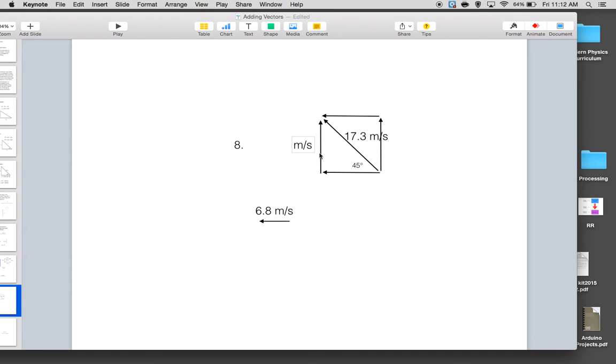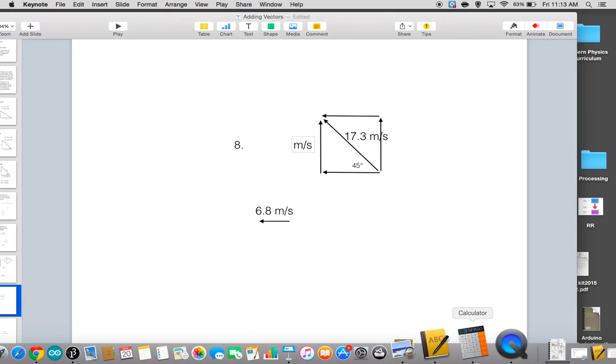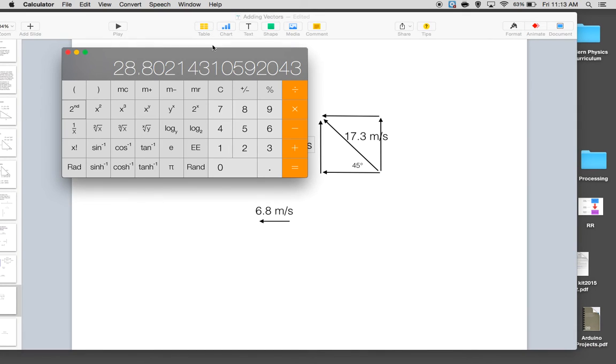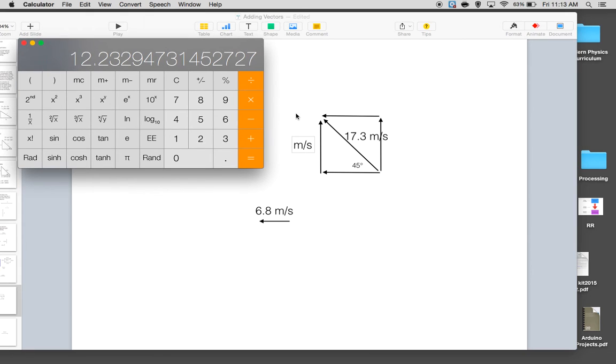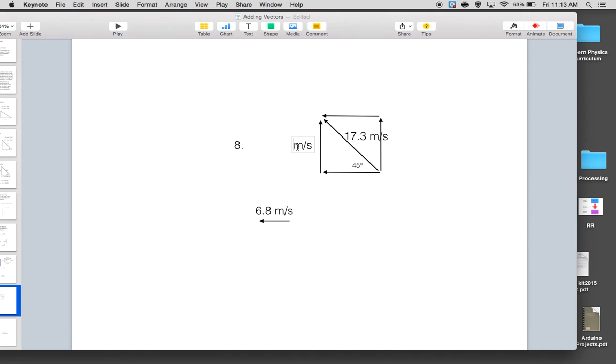If we want to find this side, what we would do is take the sine of 45 times the hypotenuse, because this side corresponds to the opposite of the angle, which is the y component of our vector. So we want to take 45 degrees and take the sine of it, which gives us 0.707 times 17.3, which is the hypotenuse, and it gives us a y component of 12.2.